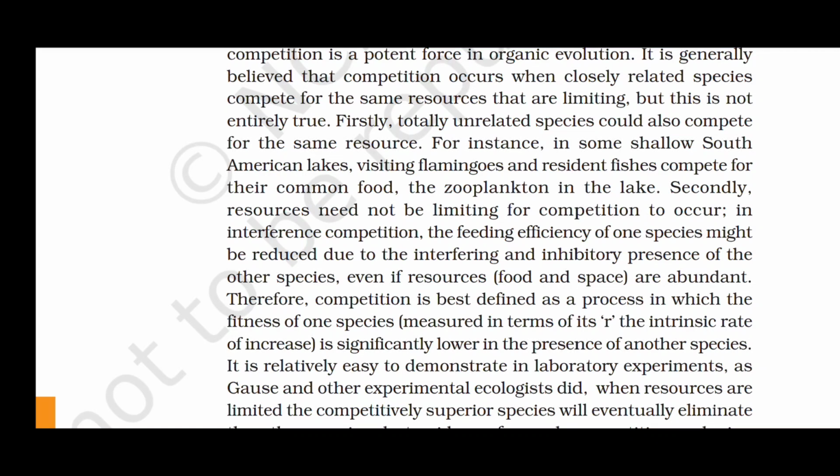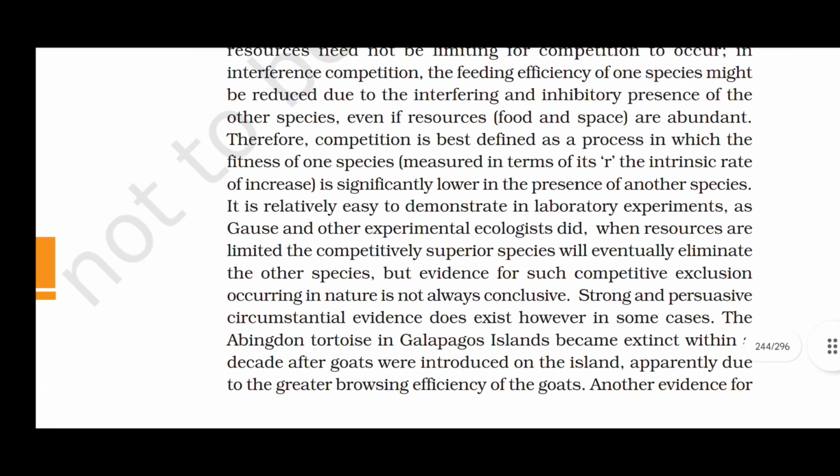It is relatively easy to demonstrate in laboratory experiments, as Gause and other experimental ecologists did. When resources are limited, the competitively superior species will eventually eliminate the other species. But evidence for such competitive exclusion occurring in nature is not always conclusive.